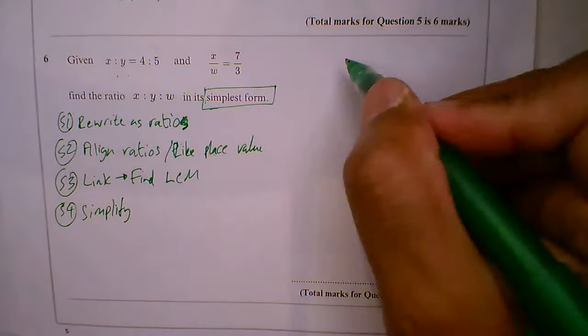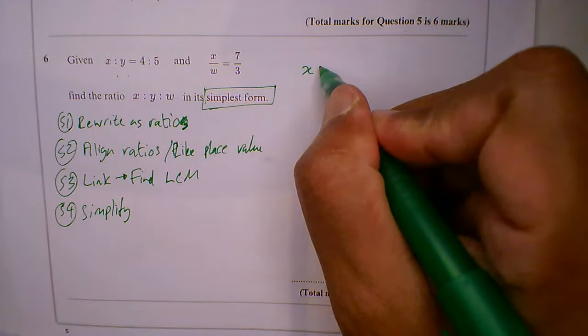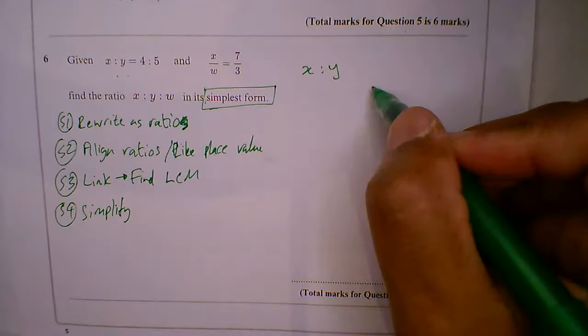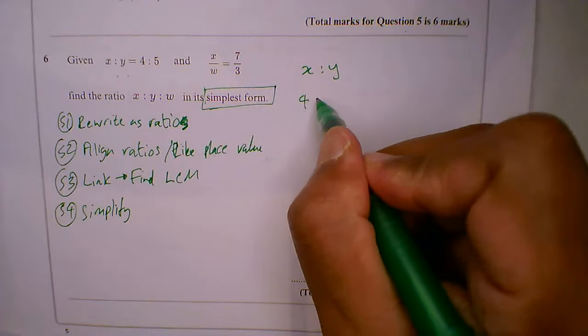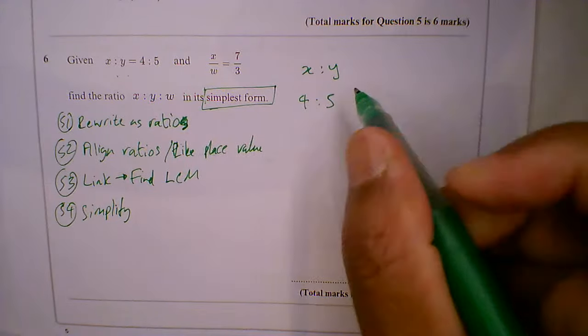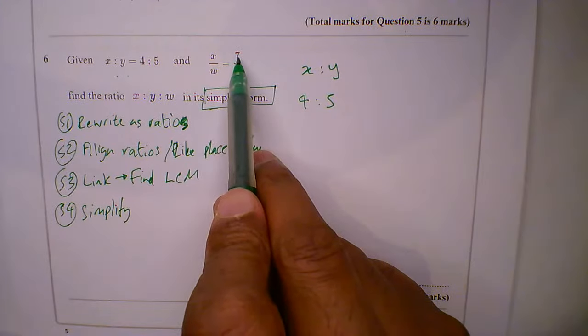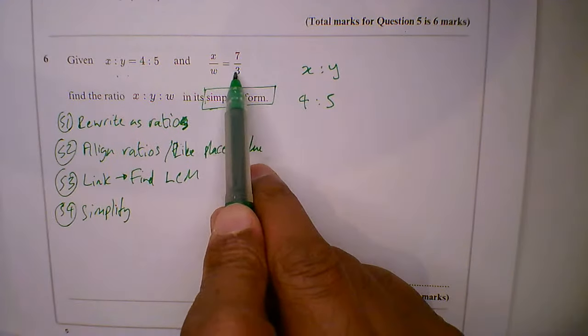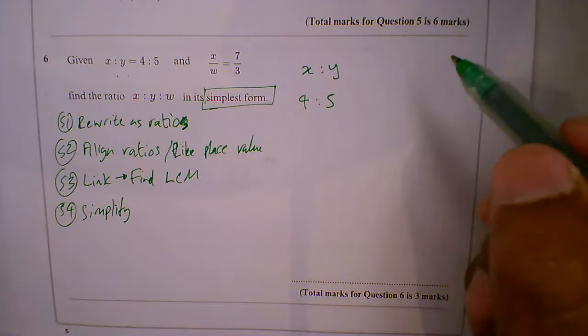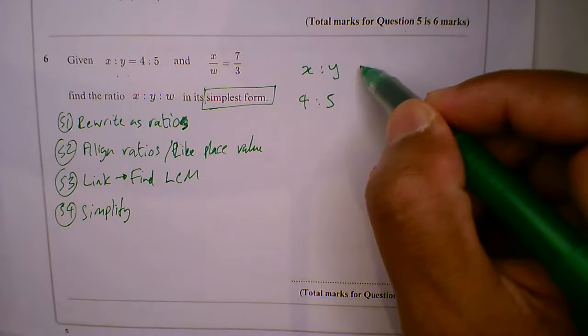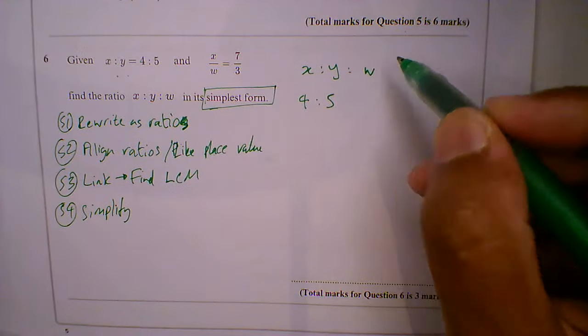So we got x to y is 4 to 5. So we got x is at the top, which is 7. W is at the bottom, which is 3. So I'm going to put x to w here.